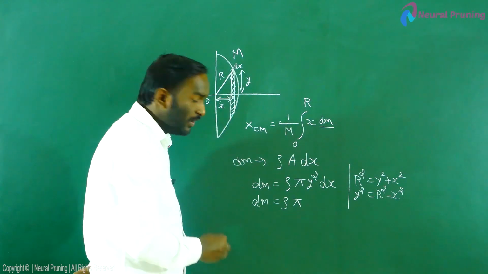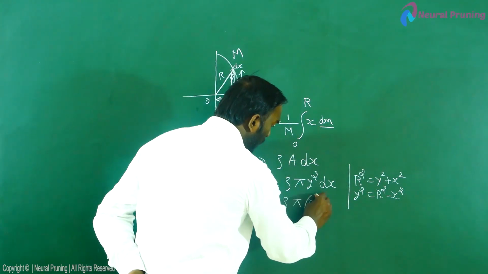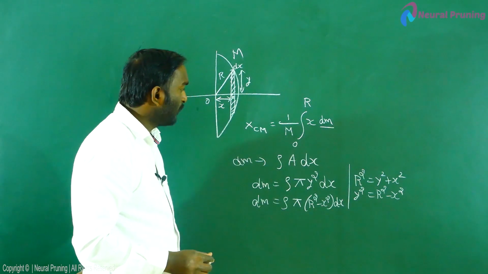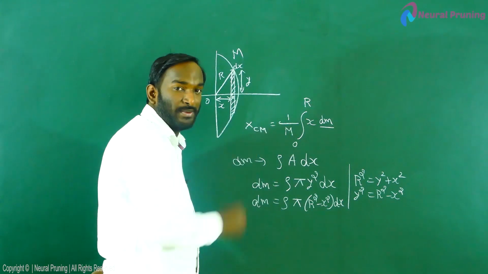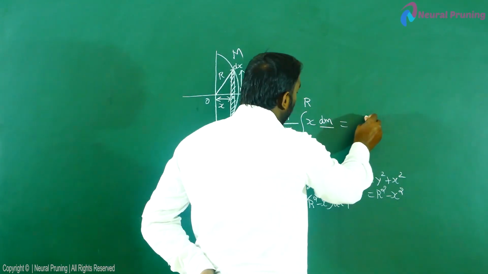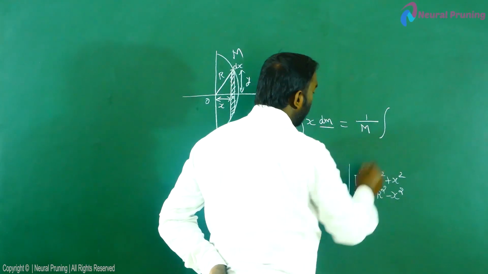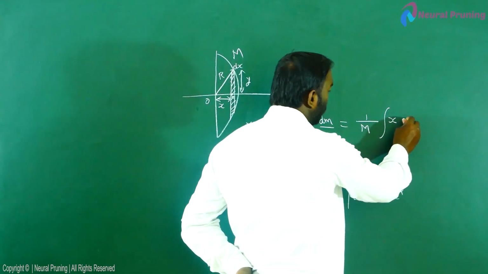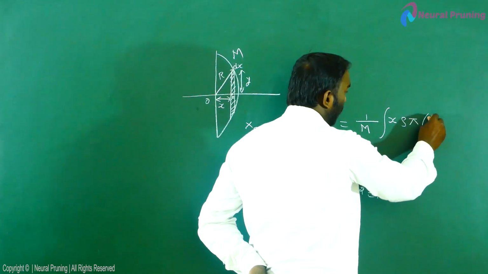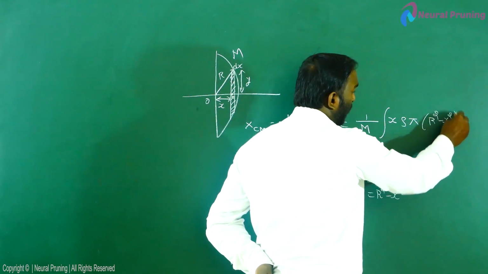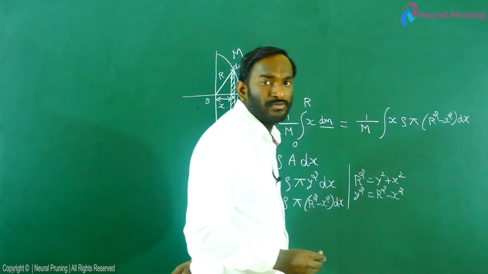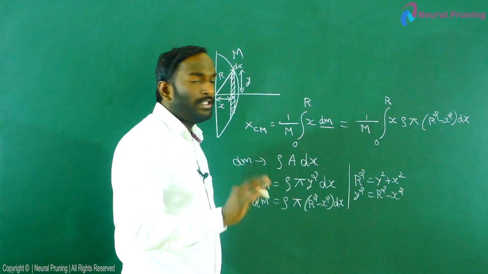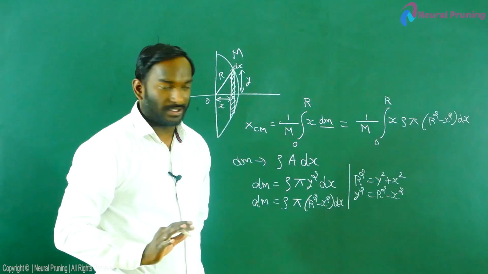So dm is equal to rho pi into R square minus x square into dx. Substitute this value in the xcm equation. 1 by M into integration of x dm is rho pi into R square minus x square into dx from 0 to R. If you know the integration, then this sum is very simple.